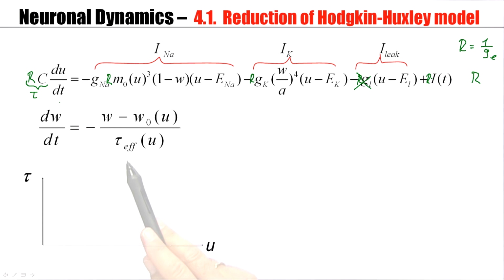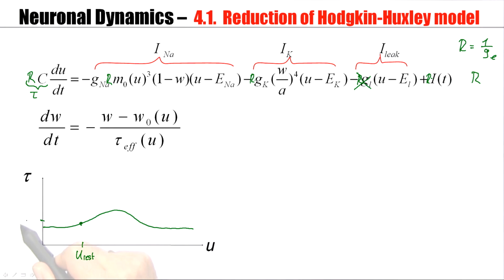Let me do something similar for the w equation. I have here some effective time constant, say it looks like this, just a guess. Say here's my resting value, u rest. This turns out to be a typical value. So this would be the resting value, and I call this tau w.